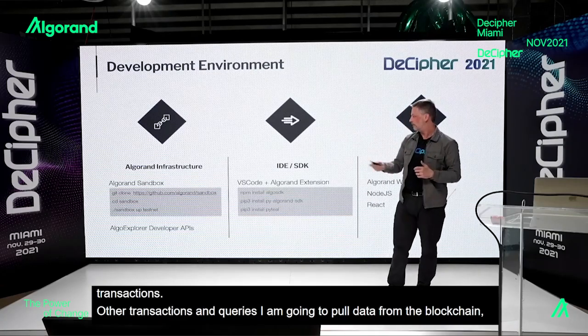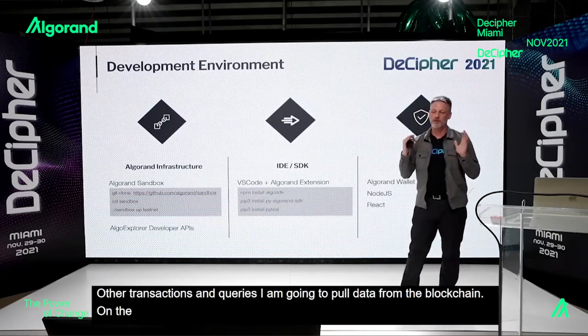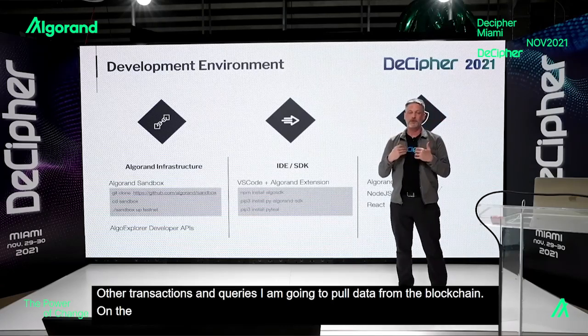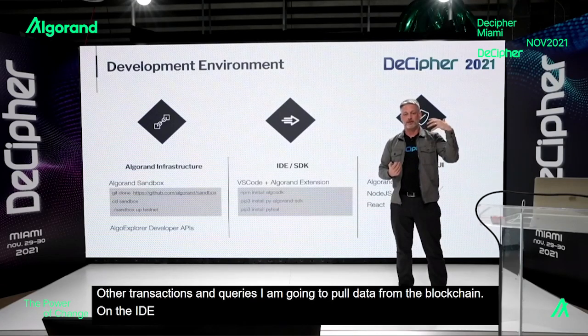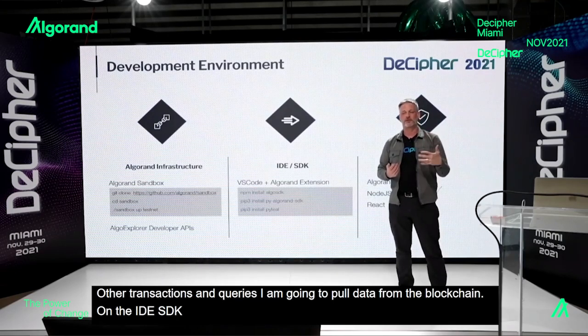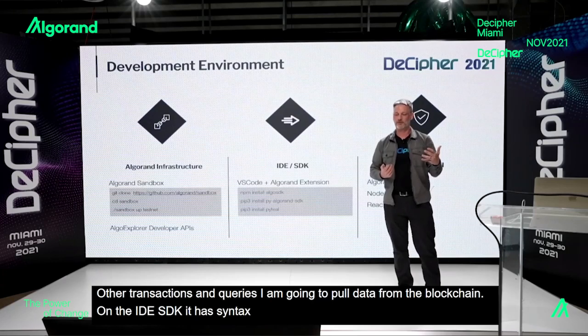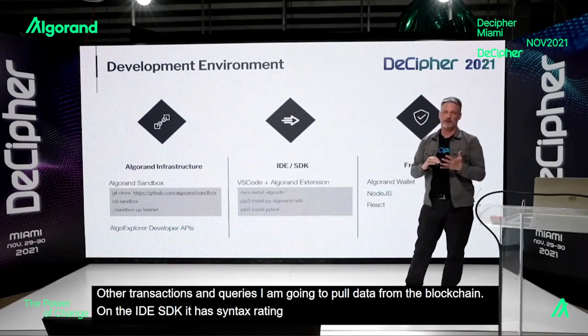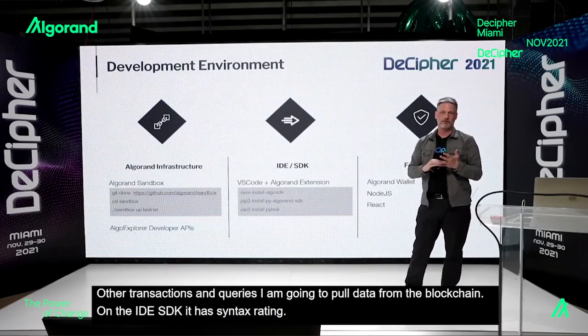On the IDE and the SDK piece, I use VS Code, and you can use whatever editor you like, but I like VS Code. It has a very nice plugin for PyTeal and for Teal, so that it does syntax highlighting and really helps us be efficient in how we build our applications out. In this application, I am doing deployment using Python.